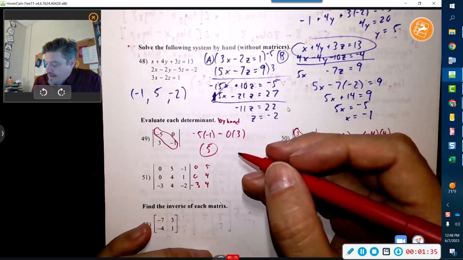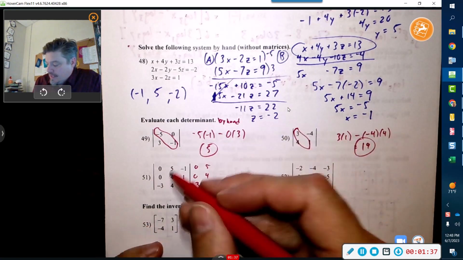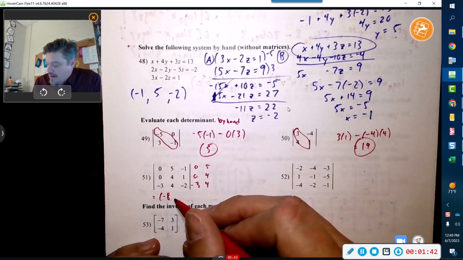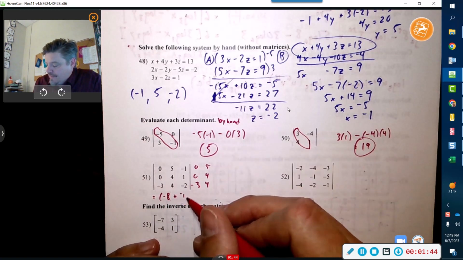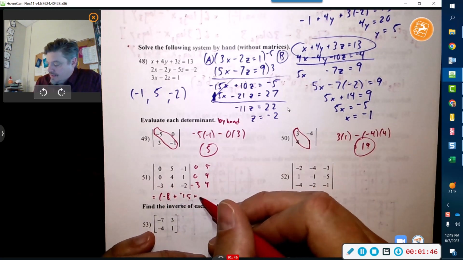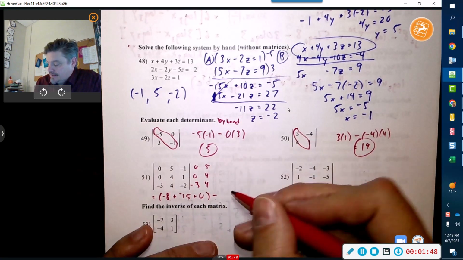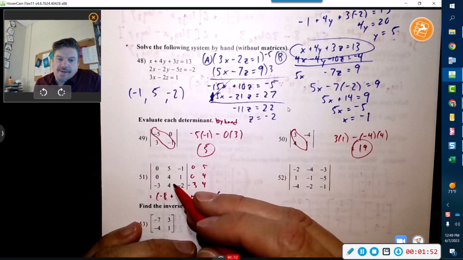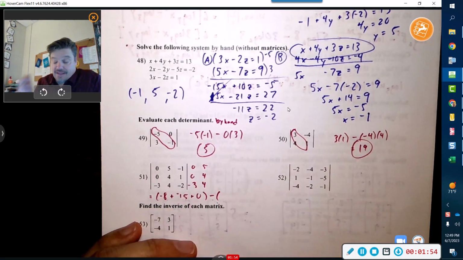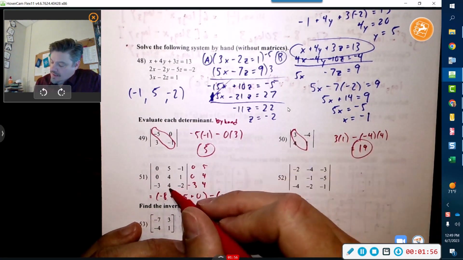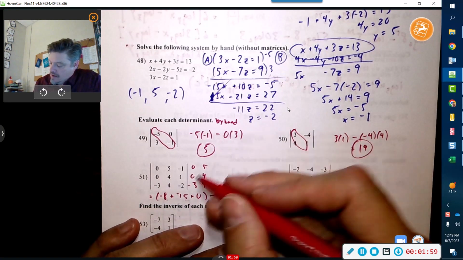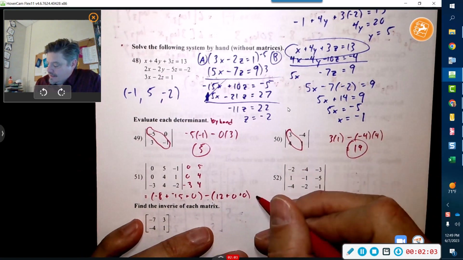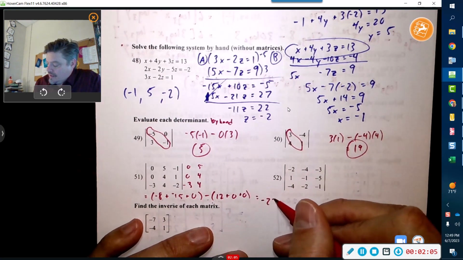Then we multiply those, so that equals negative 8 plus negative 15 plus 0, minus the diagonals going this way, which is 4 times positive, that's going to be 12. This is going to be 0, and that's going to be 0. So we've got negative 23.